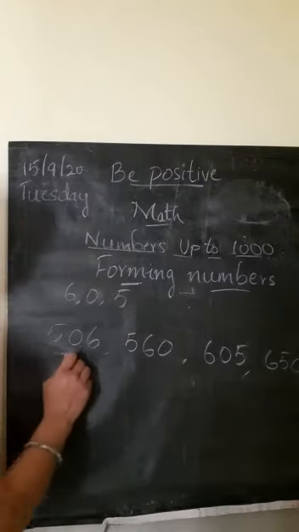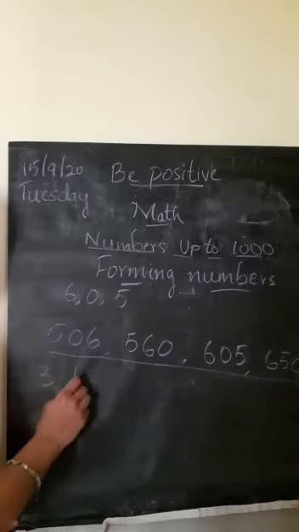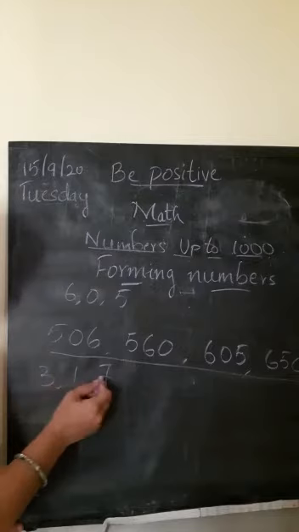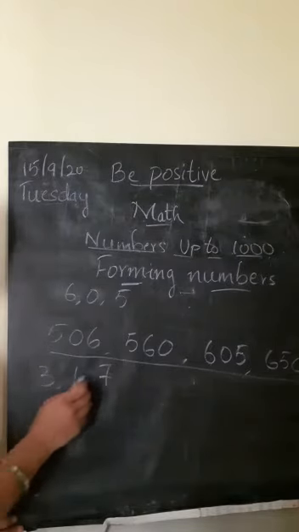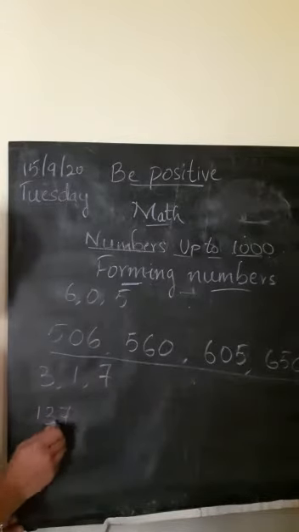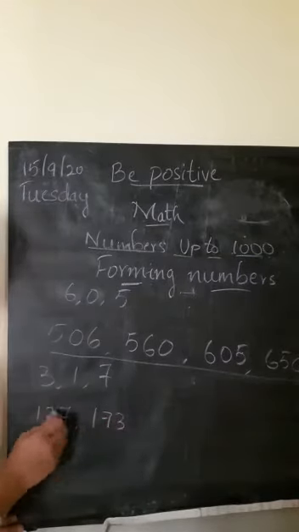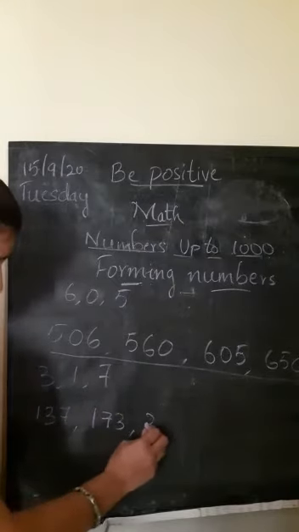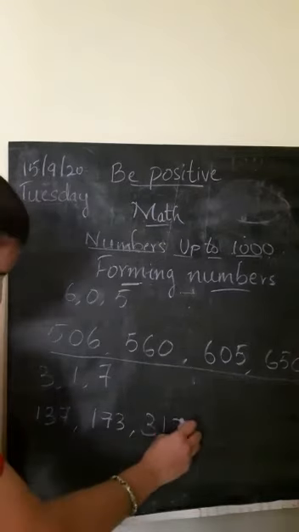Now, let us see the next number, that is 3, 1 and 7. Here you can see among these numbers, which is the smallest number? 1. After that 3. After that 7. So one number has been formed: 173. Next number 317.